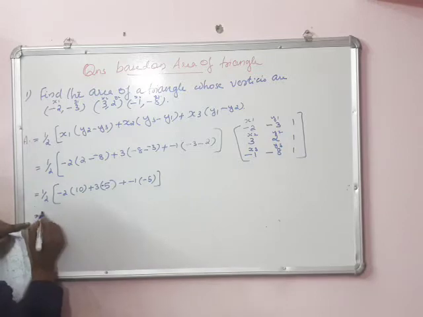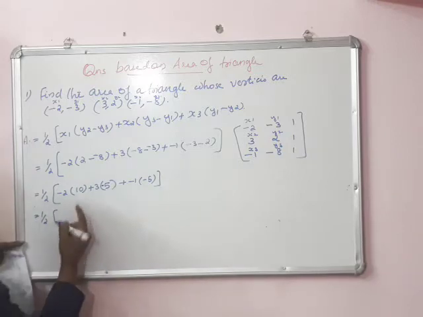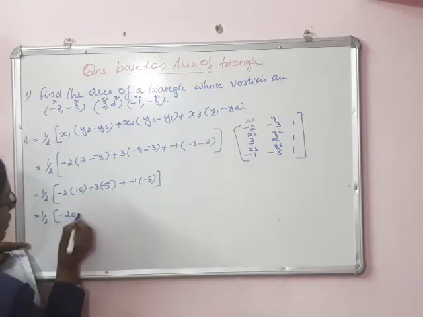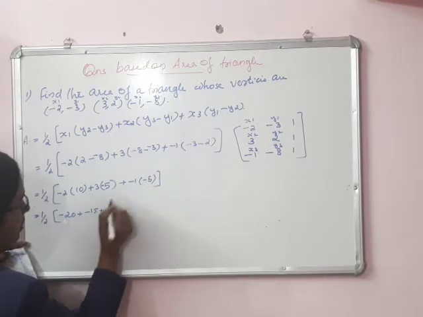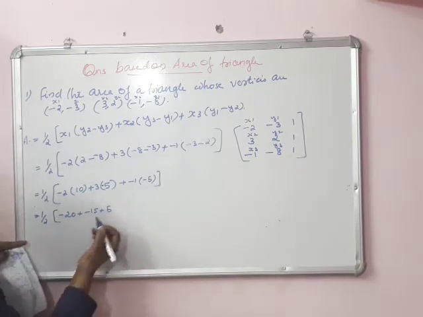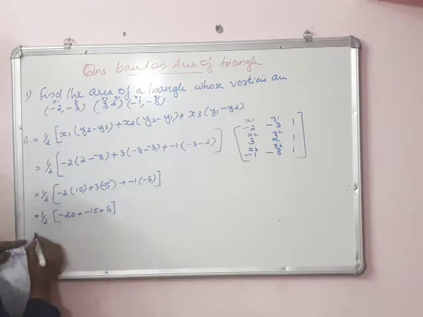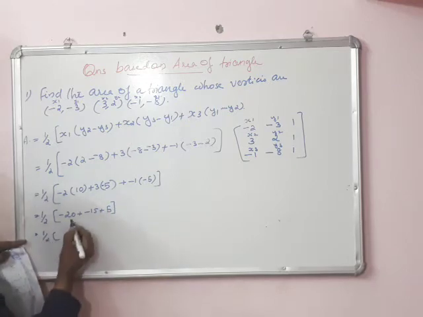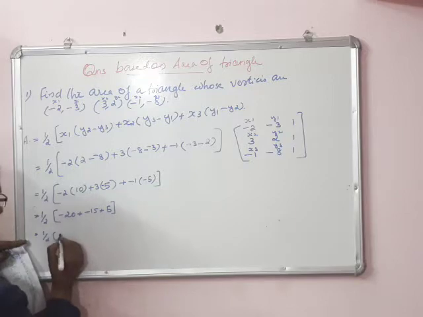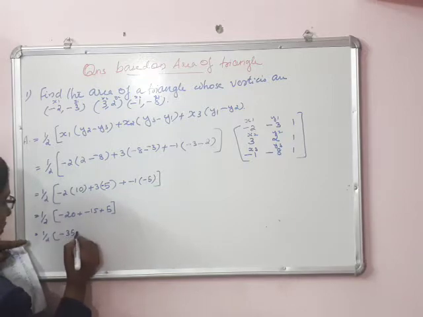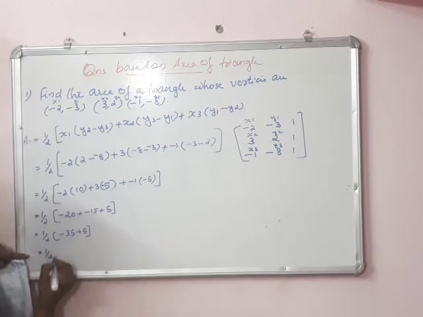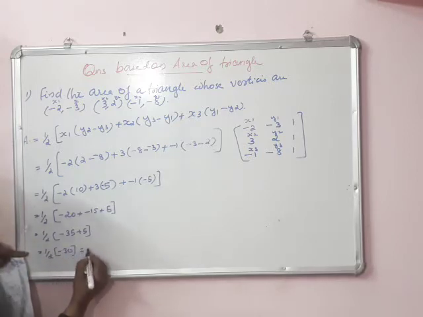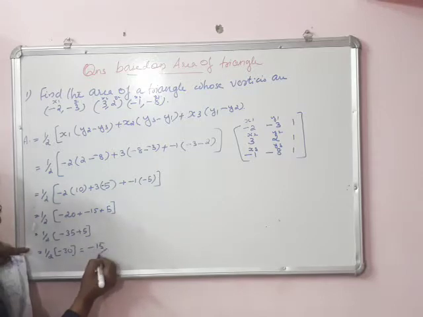That is equal to 1 by 2 into minus 20 plus minus 15 plus 5, which is 1 by 2 into minus 35 plus 5, that is 1 by 2 into minus 30, that is minus 15.